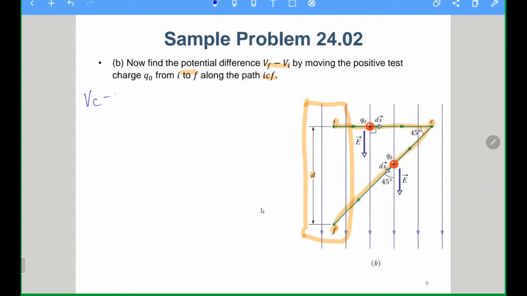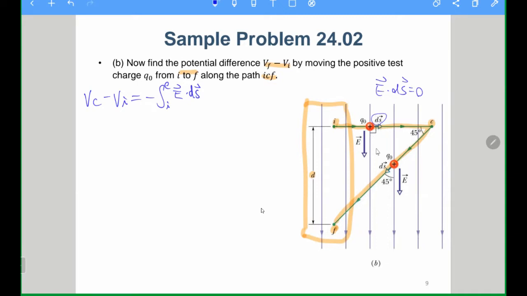VC minus VI equals negative integration of E dot ds from I to C. Here ds points to the right side, E field is still pointing downward, which means that E dot ds is 0 because these two vectors are perpendicular to each other.